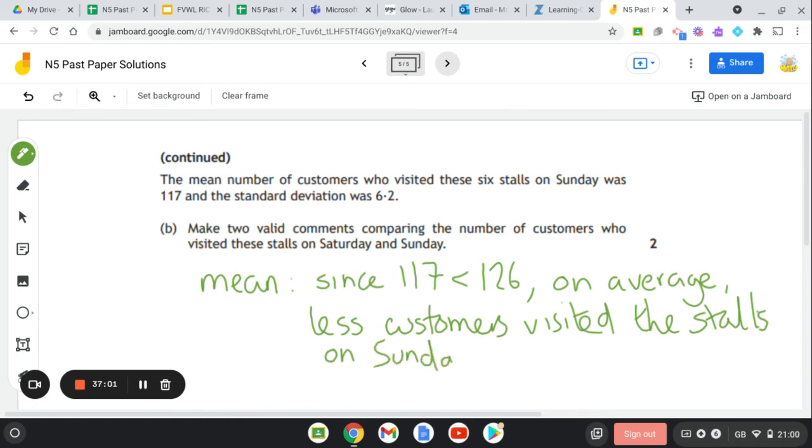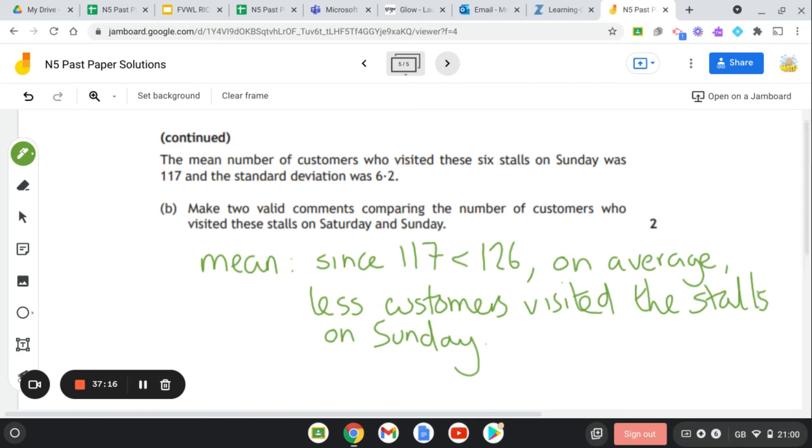Now your wording on that depends on how you write it. You might say on average more customers visited the stalls on Saturday. You've just got to get the day and the more or the less word used correctly together.